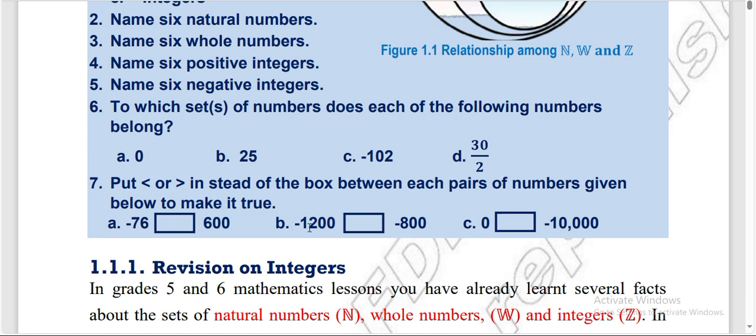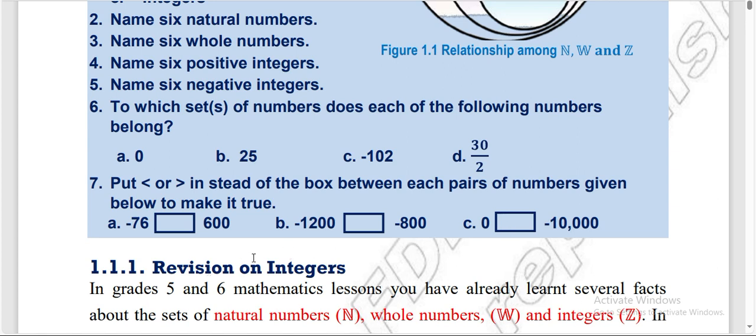Negative 1200 and negative 800: negative 1200 is less than negative 800, because the more negative means the more depth. So this one is less than. Negative 800 is greater than negative 1200. 0 and negative 10,000: 0 is greater than negative 10,000.